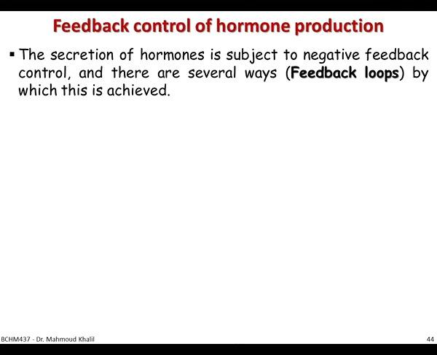So what is the feedback control of hormone production? Hormones are subject to negative feedback control. That's the meaning of negative feedback control or feedback loops. We have many mechanisms in our body in which, if the hormone increases in its concentration above normal, or if the hormone finishes its function, it needs to be either degraded or excreted.